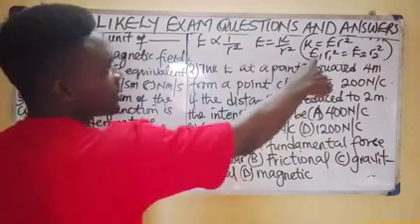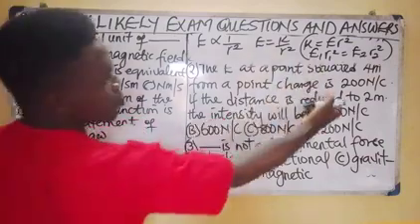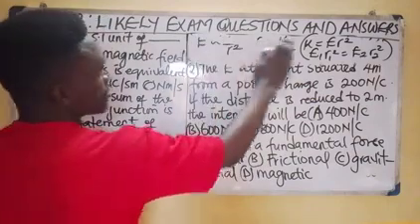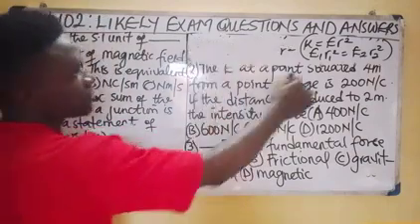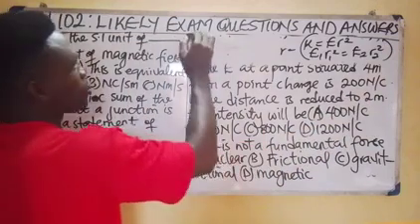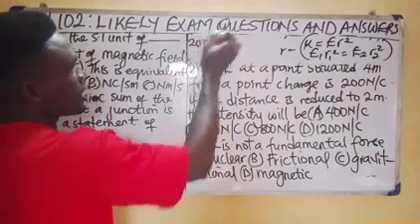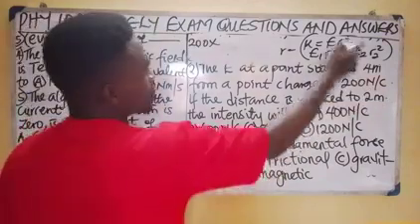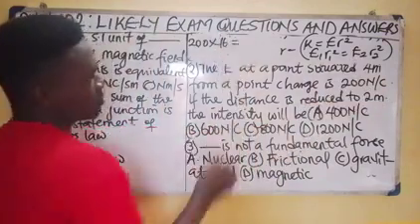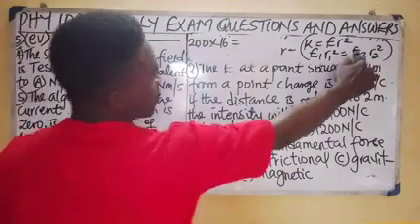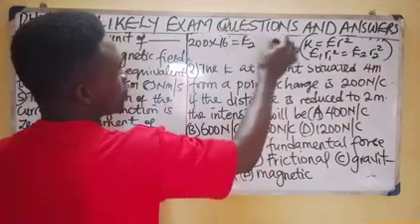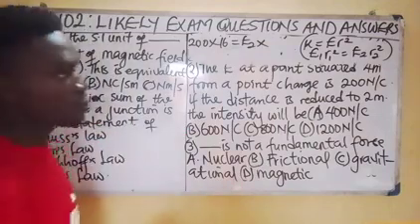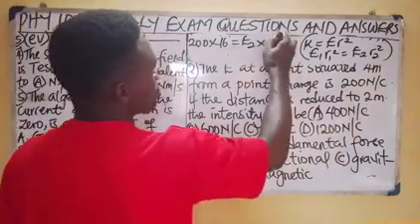The first one here, we are given 200 Newton per coulomb. That is 200 times the first distance given, which is 4, so 4 raised to power 2 gives 16. We are looking for the other one, which is E2, times the radius reduced to 2, that is 2 raised to power 2, which is 4.